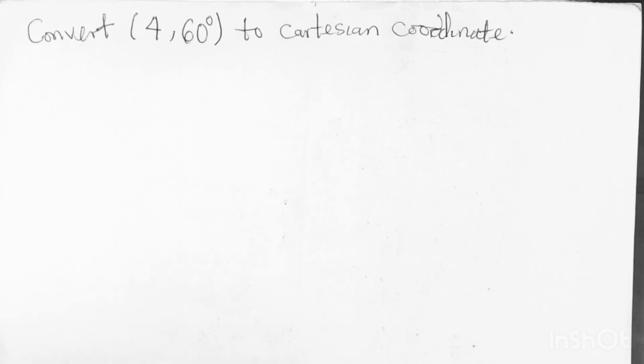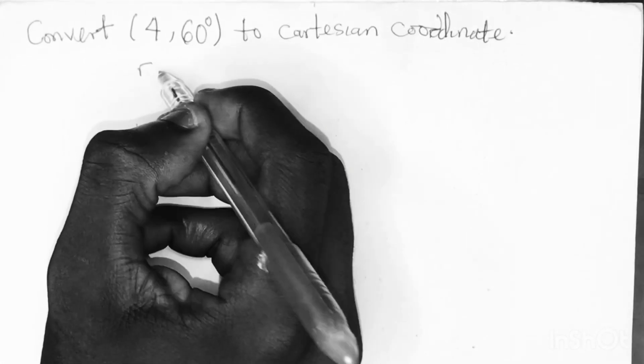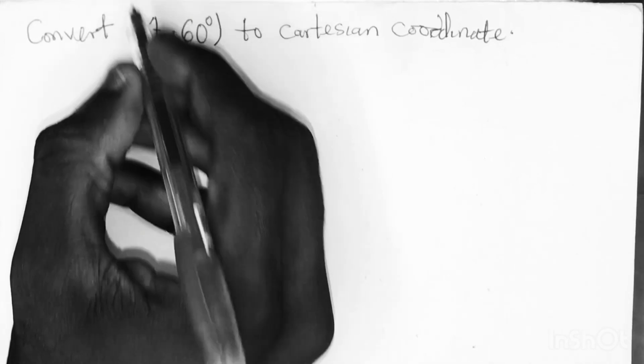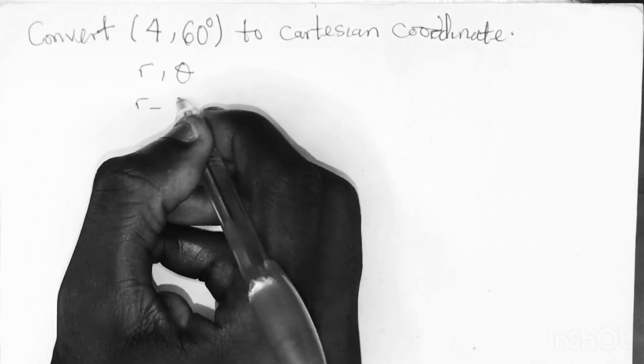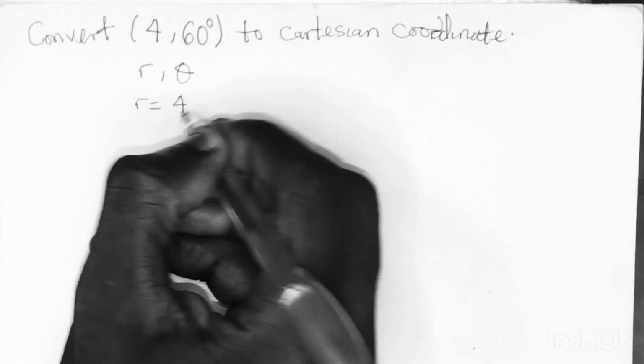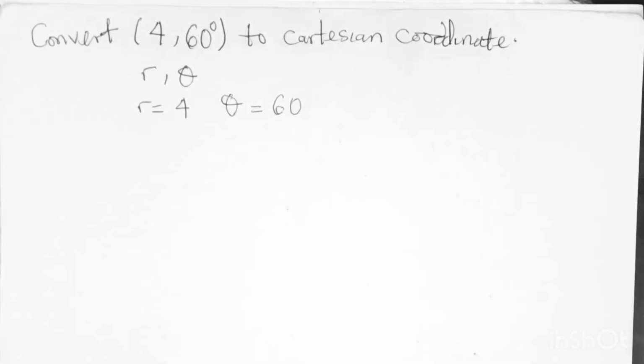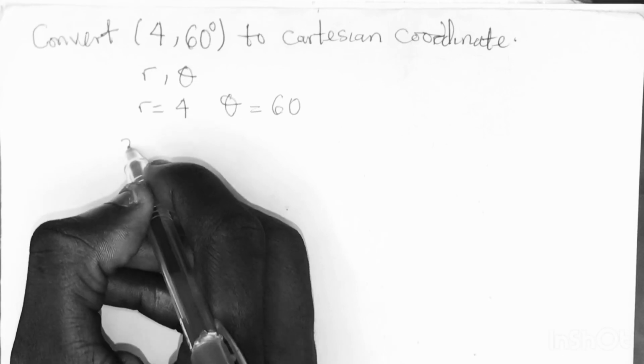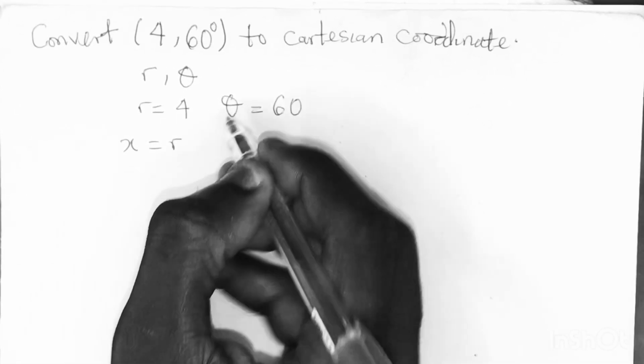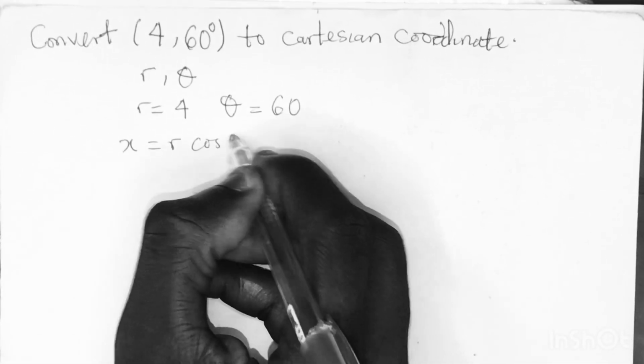Knowing that this is in the form R comma theta, that means from here my R equals 4 and my theta equals 60. For your x coordinate, it is R cos theta.